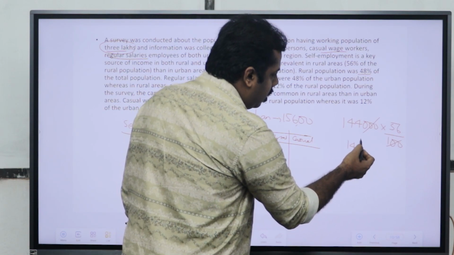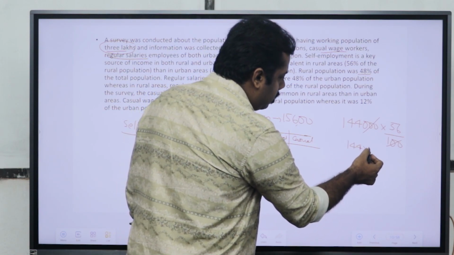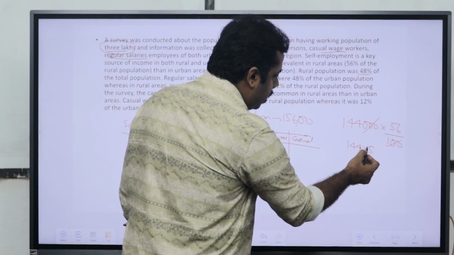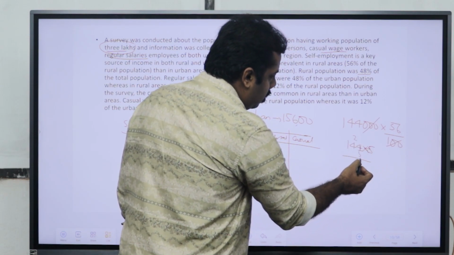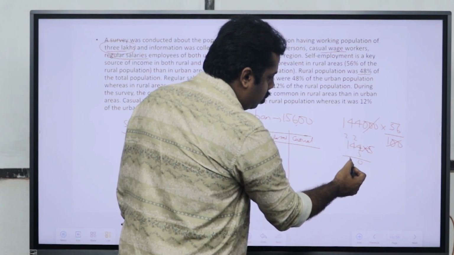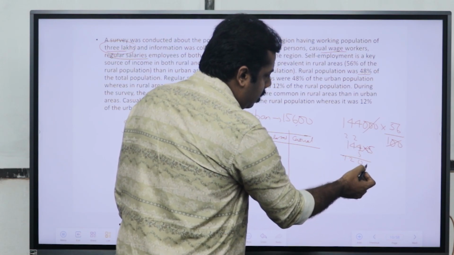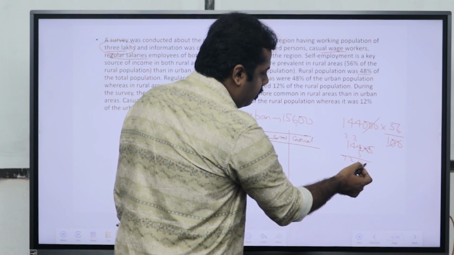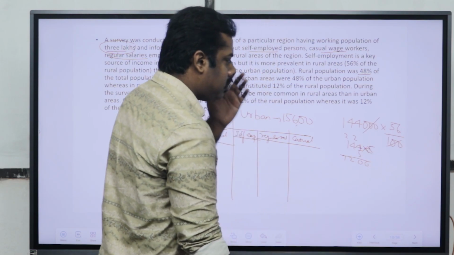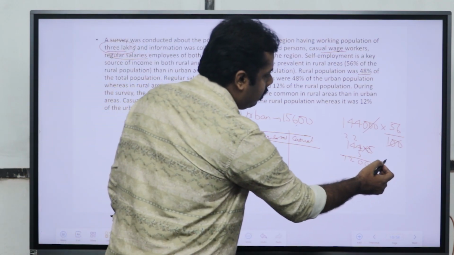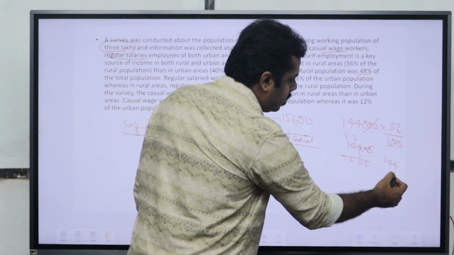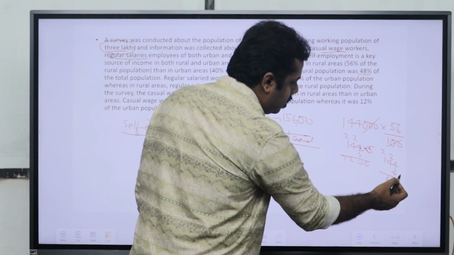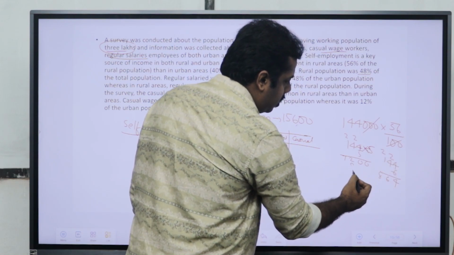Multiplying, 5 times 4 gives 20, and 50 gives 7,200. Then 144 into 6: 24, 26, 6 plus 2, 8.